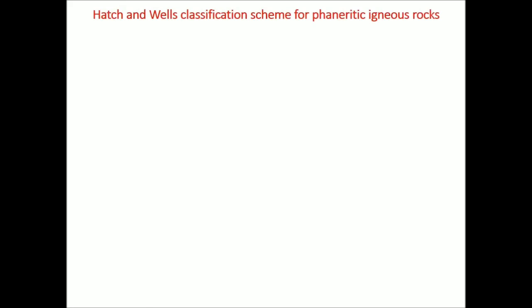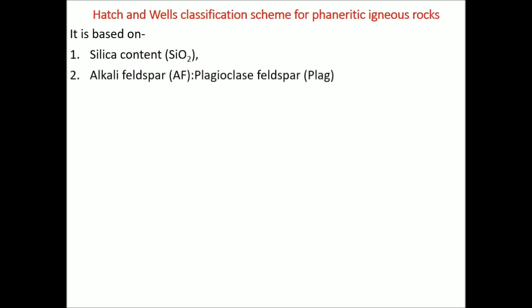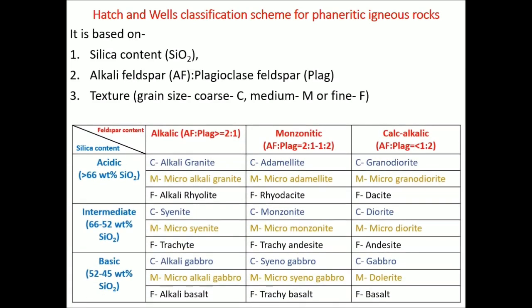So the next slide will give a detailed idea about some old classification schemes, that is the Hatch and Wells classification scheme for phaneritic igneous rocks. It is based on silica content, second, the relative proportion of alkali feldspar and plagioclase feldspar, and texture, whether coarse grained, fine grained, or medium grained. The need to know this classification is that it will never come in the exam.